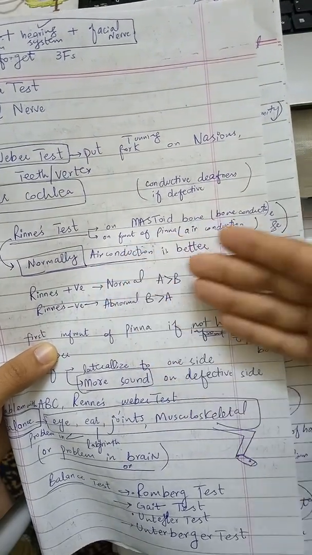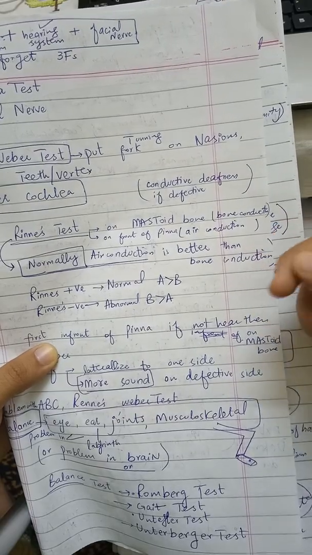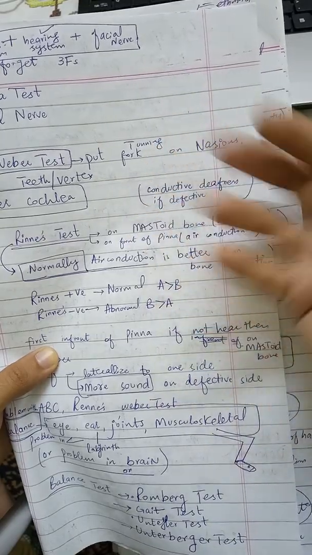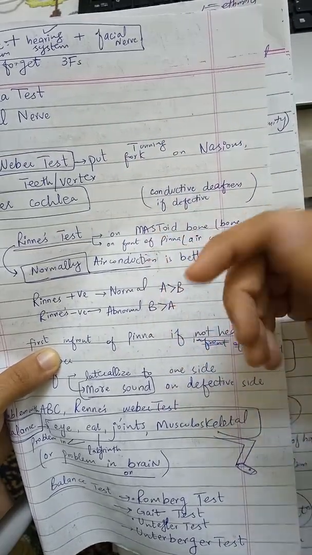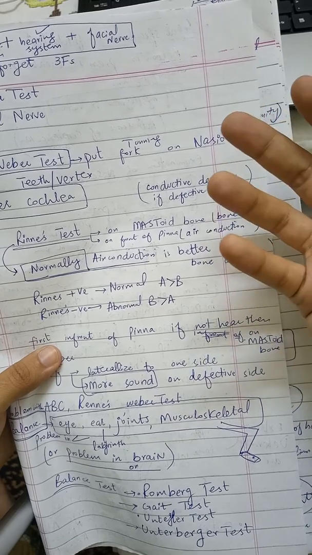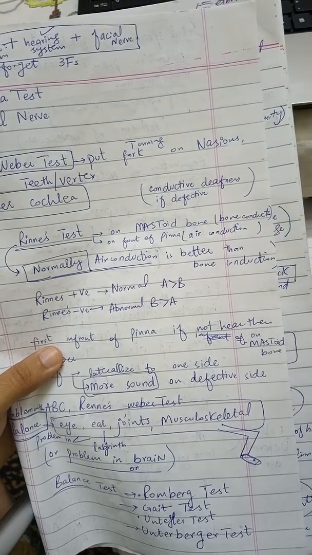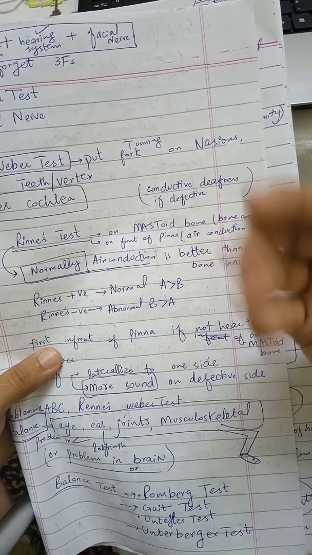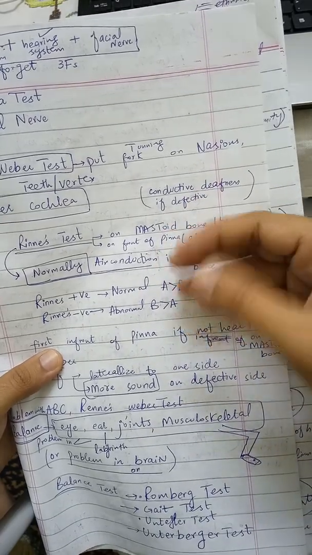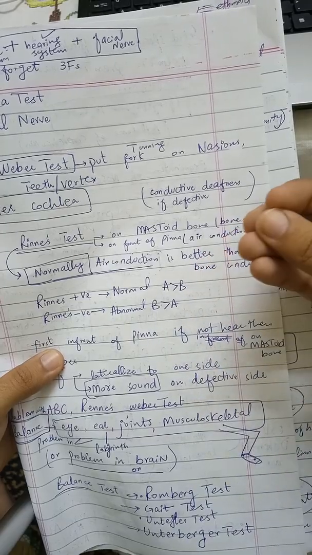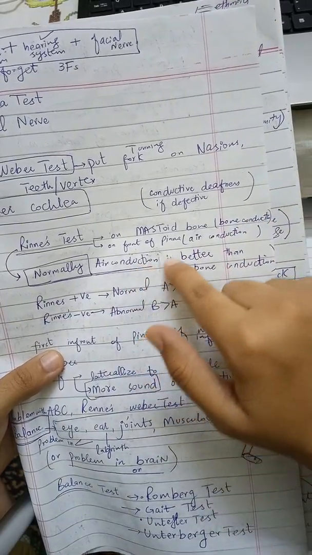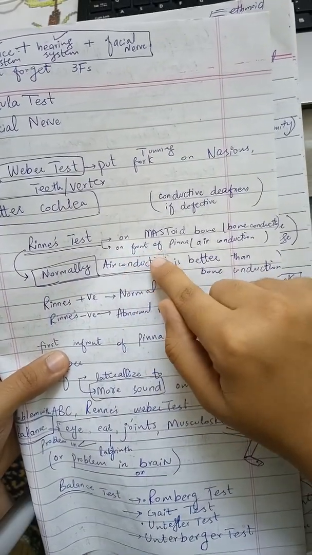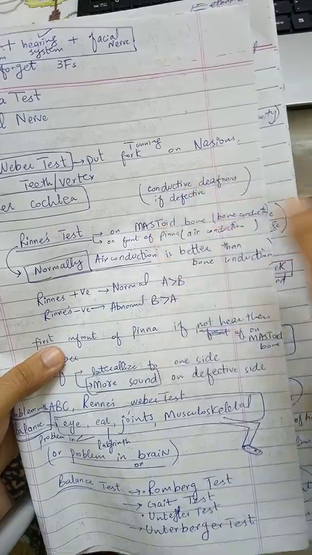Normally air conduction is better than bone conduction, because when we put the tuning fork on the mastoid bone, the vibrations are detected by the patient, and then we put the same vibrating tuning fork in front of the pinna. Vibrations will be present at that time also, so the air conduction is better than the bone conduction, because air conduction is still present after a long time.